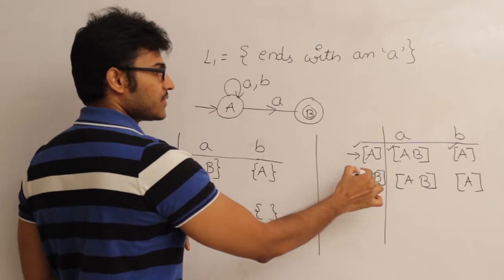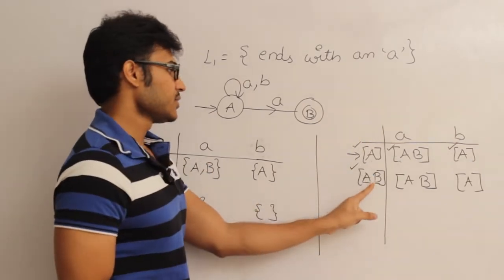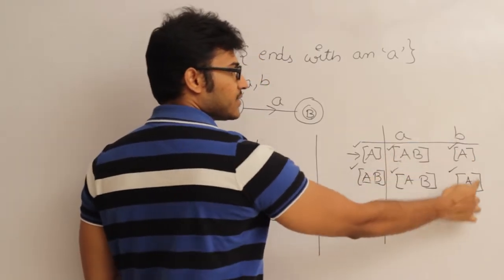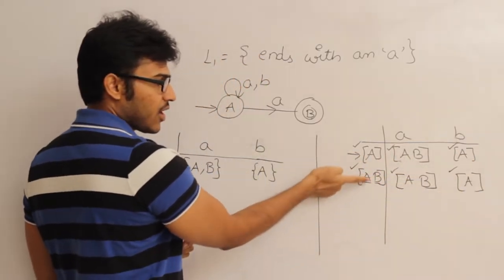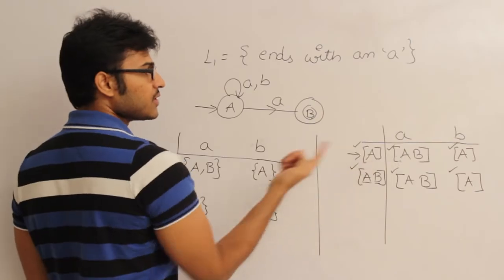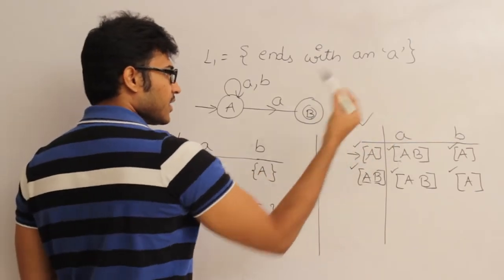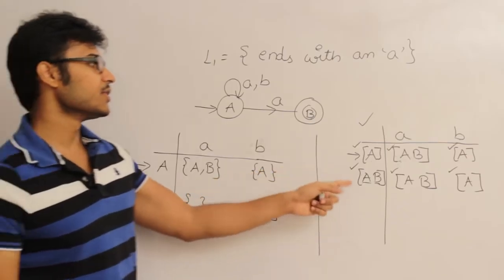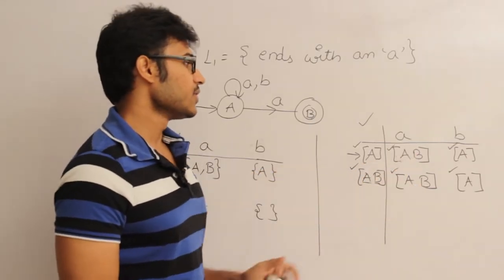So AB is finished. Now what are the states reachable from AB? AB and A itself. So whatever are the states reachable from the initial state, for all those states I have given the transition. So this is the DFA. You need not think or worry about B because B is never reachable. B is reachable as AB only, right?